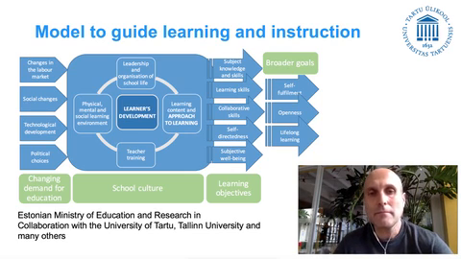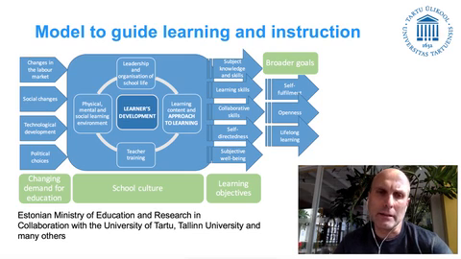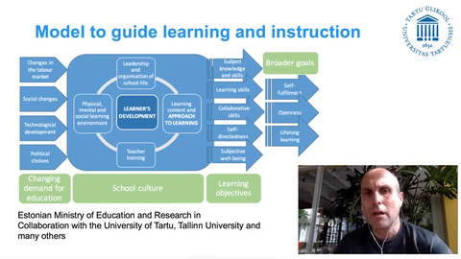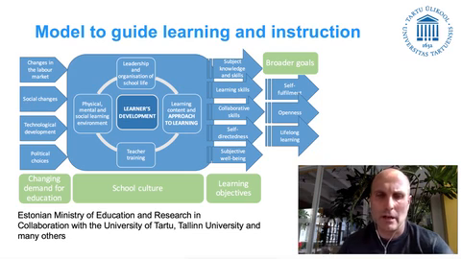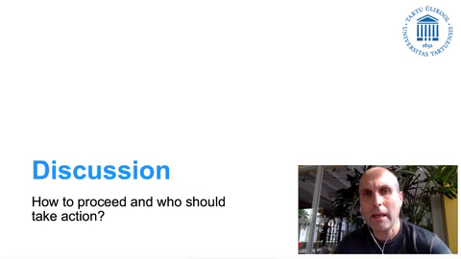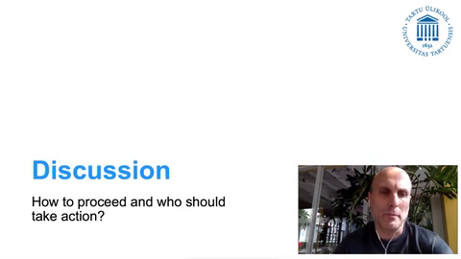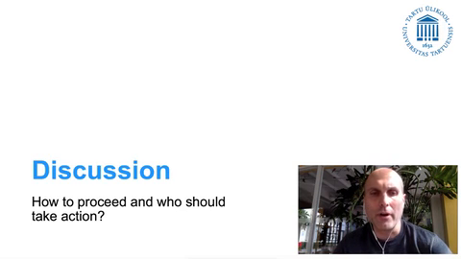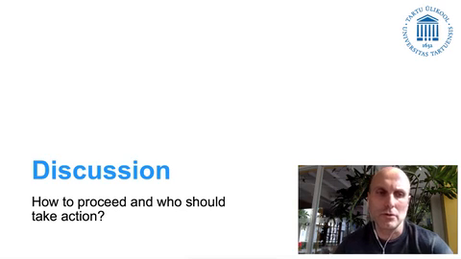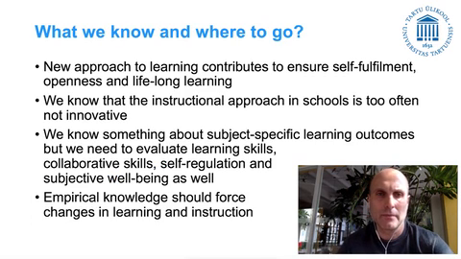In addition, we have to think about the learning approach applied in a school, teacher training, teacher learning, and professional development that supports acquiring the new ideas, and later on, the physical, mental, and social learning environment should be adapted to the new needs. This brings us to the discussion to make conclusions and look back, to think about how to proceed and who should take one or other action.